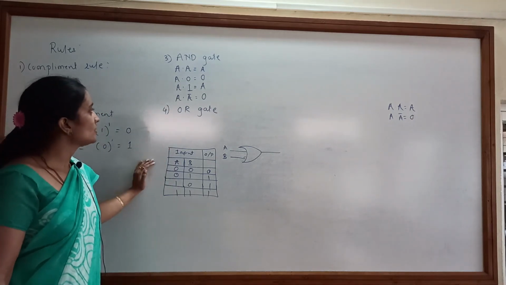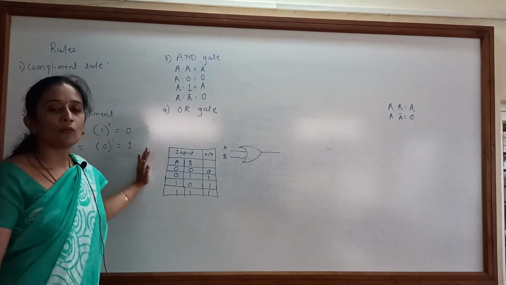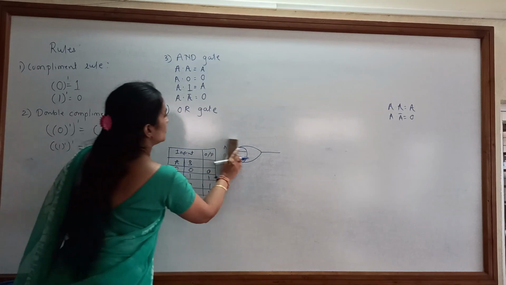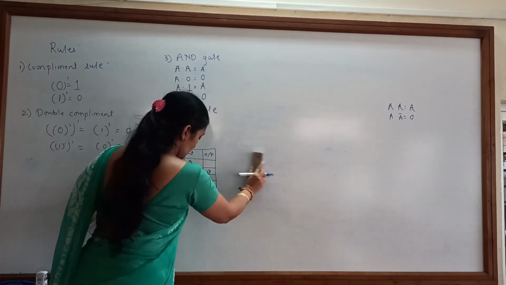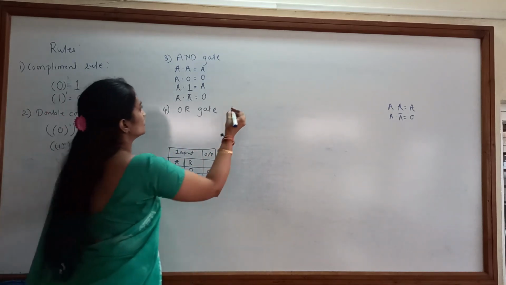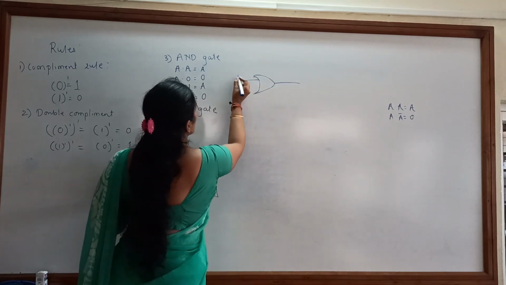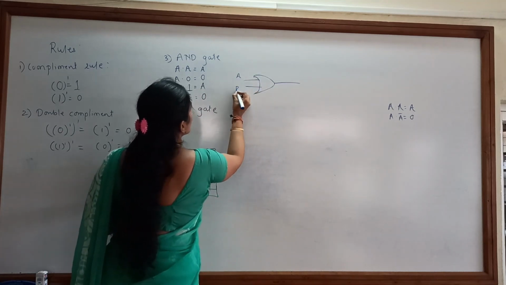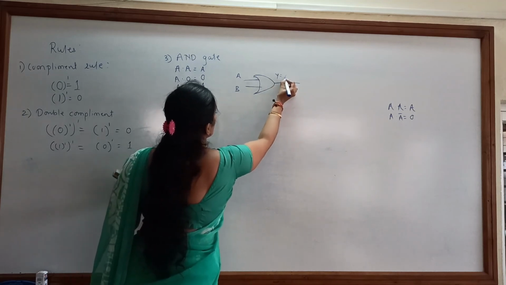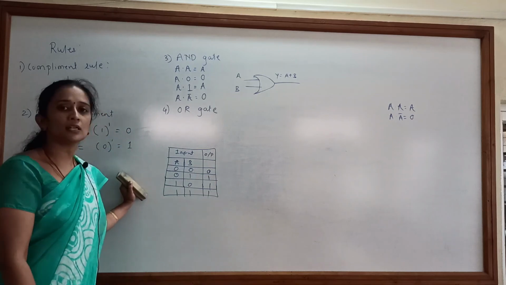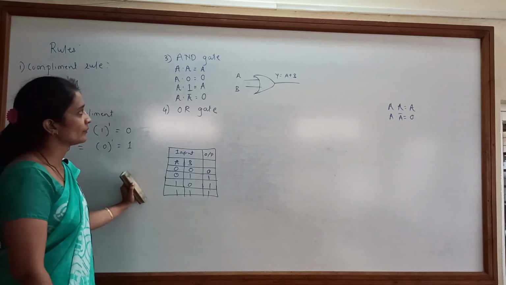Now, there are again some rules like AND gate for OR gate. Those rules we will see. What are those rules? I will draw here OR gate. This is A, this is B, and this is Y is equal to A plus B. OR gate is represented with a sign plus.